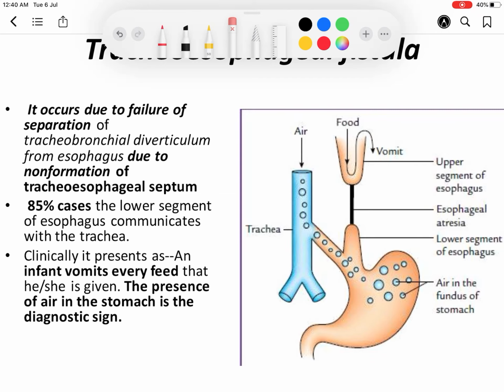Here you can see the upper end of the esophagus is blind, and the lower end of the esophagus is communicating with the trachea. So the lower segment of the esophagus is communicating with the trachea.